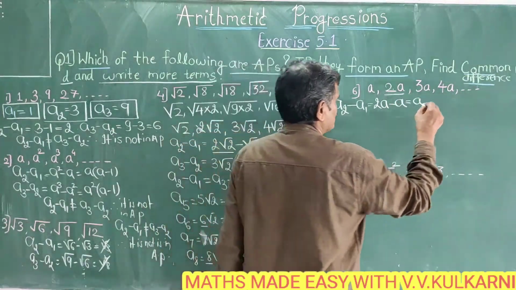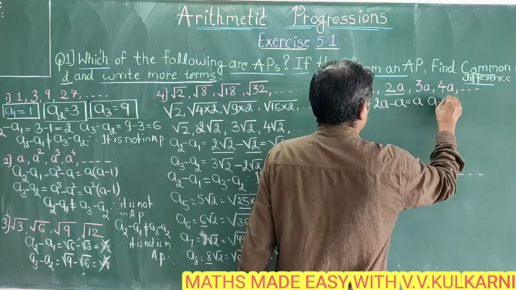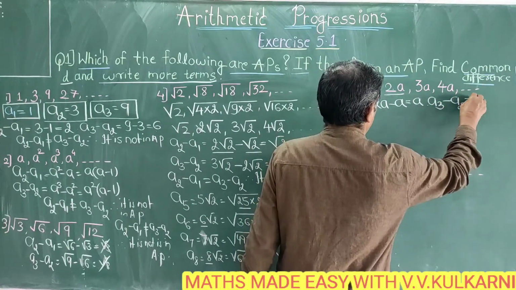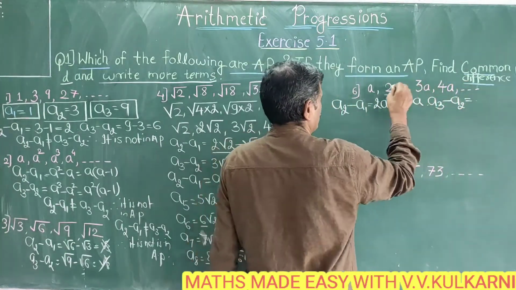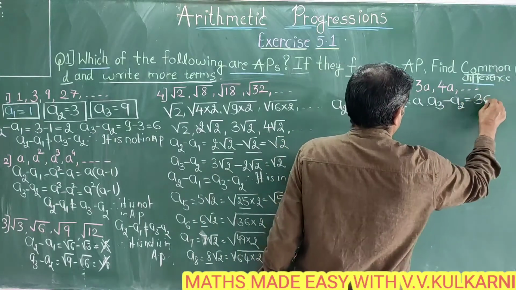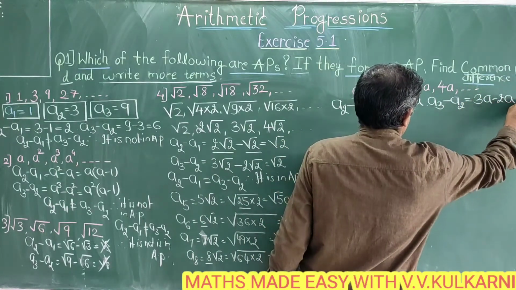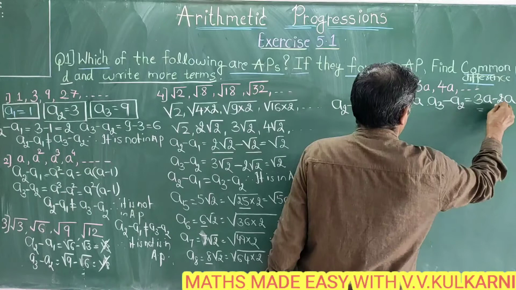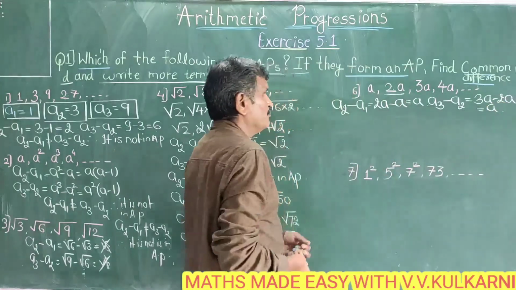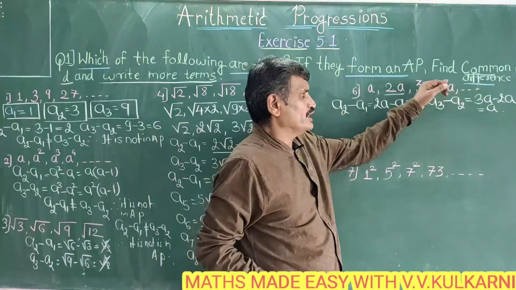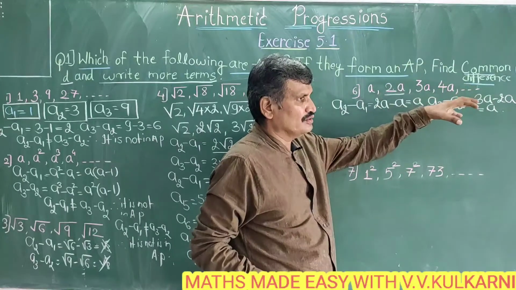The difference between successive terms: third term and second term, 3A minus 2A. Again simple, it is A. Then if you find the fourth term minus the third term, 1A.